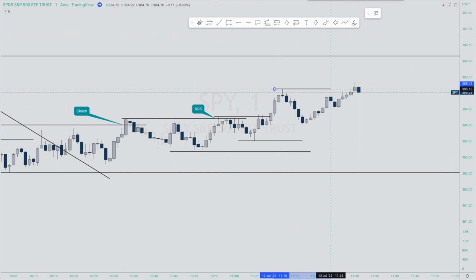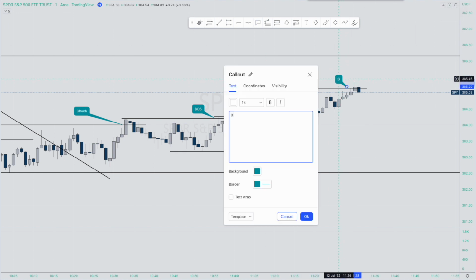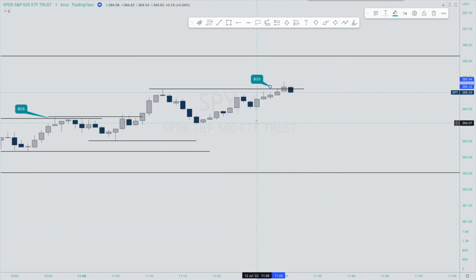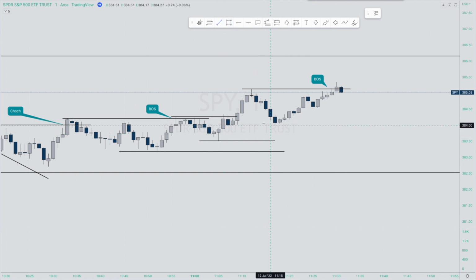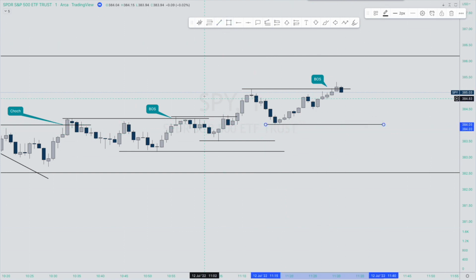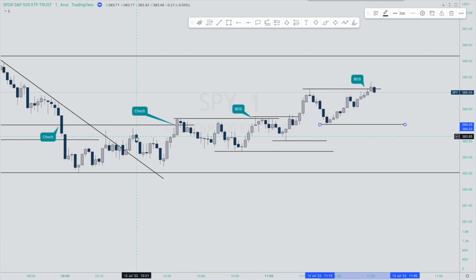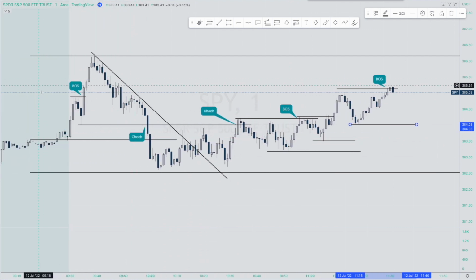So if we mark our high, we had a break of structure right here. That break of structure made a new low, a higher low, that is. So we're continuing to put in higher highs, higher lows, okay? So if we come back to here, as you can see, we were in an uptrend. We put in a large range.